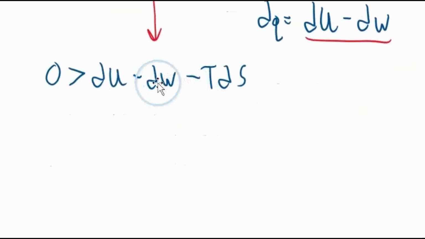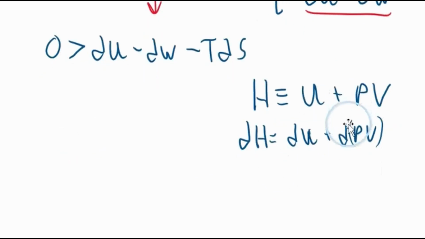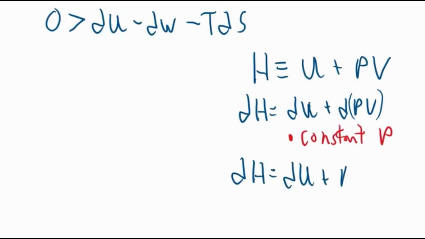At this point, we're going to invoke the definition of enthalpy. Enthalpy is defined as the internal energy plus the pressure times the volume. So dH has to be equal to dU plus d(PV). Now, if we assume constant pressure, then we can pull this P out of the differential to give us dH equals dU plus P dV, because P doesn't change.